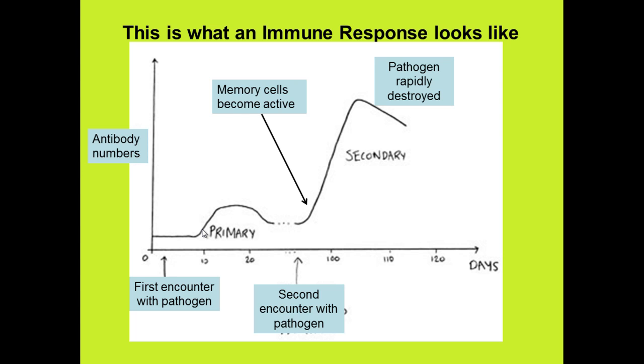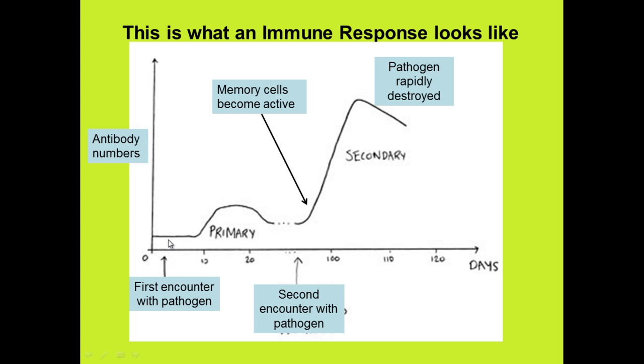Now, after the first encounter, you'll produce memory cells, and so on the next occasion on which you've been infected with a pathogen, in this case here, you'll see that because the memory cells are within your system and are there very quickly, they can differentiate very quickly into plasma cells, and you get a much bigger immune response, so you produce more antibodies, and it's much quicker.